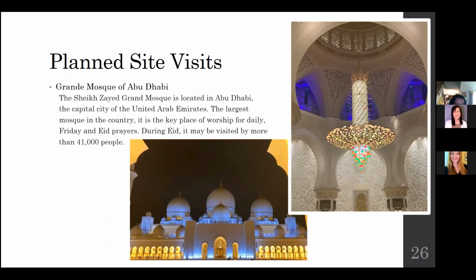And finally, in Abu Dhabi, the Grand Mosque. Breathtaking mosque. It's located in Abu Dhabi, which is the capital city of the UAE. It's the largest mosque in the country. It's a key place of worship for daily, Friday, and Eid prayers. During Eid, it can be visited by more than 41,000 people. So it's quite large.